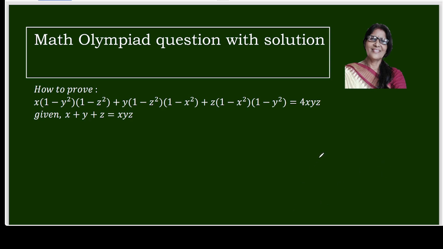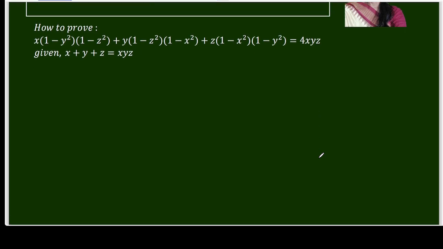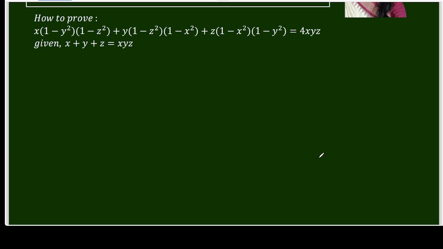I don't claim whatever I write is the only method to prove it, but I am proving this using another method, that is using trigonometry. So how to do it?